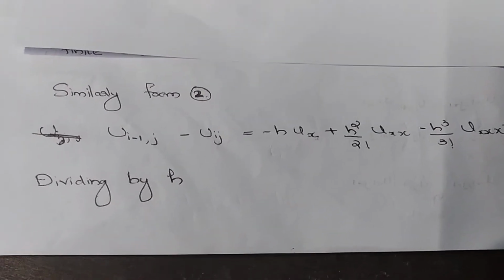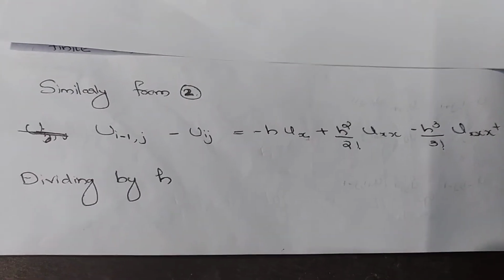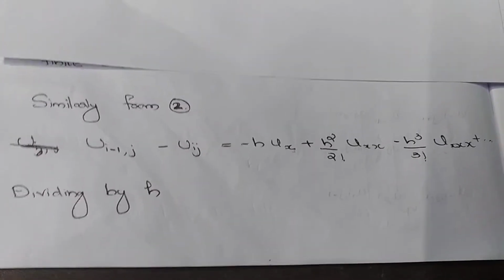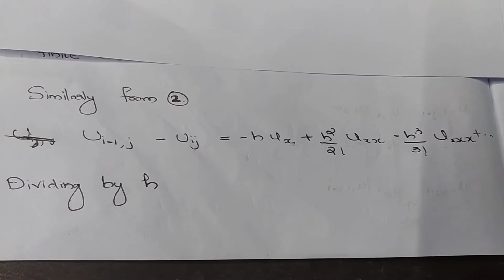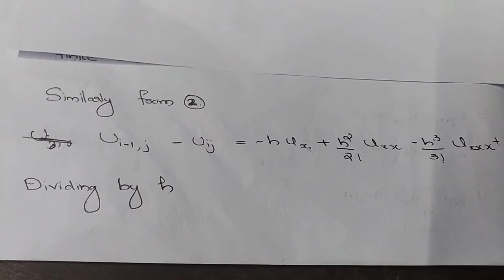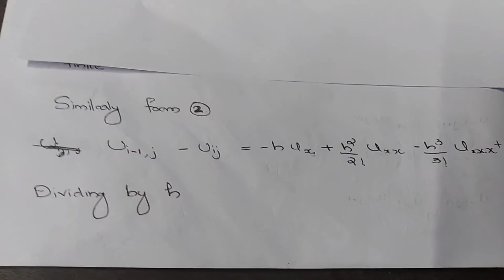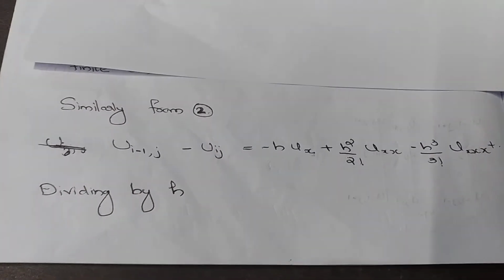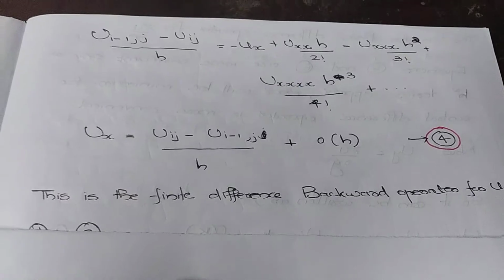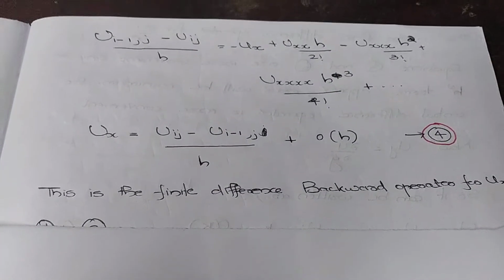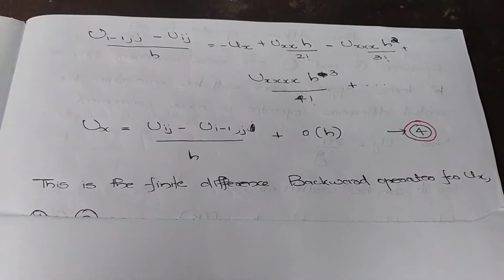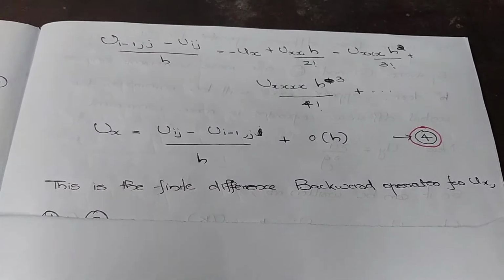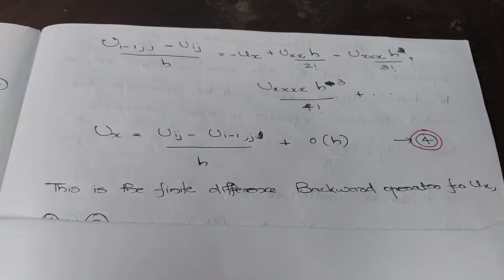Similarly, ui minus 1j minus uij is equal to minus h ux plus h square by 2 factorial uxx minus h cube by 3 factorial uxxx plus etc. The same method is applied here, so we divide this equation by h also. By that we get the following equation, and it is called the finite difference backward difference operator for ux, and it is given as above.